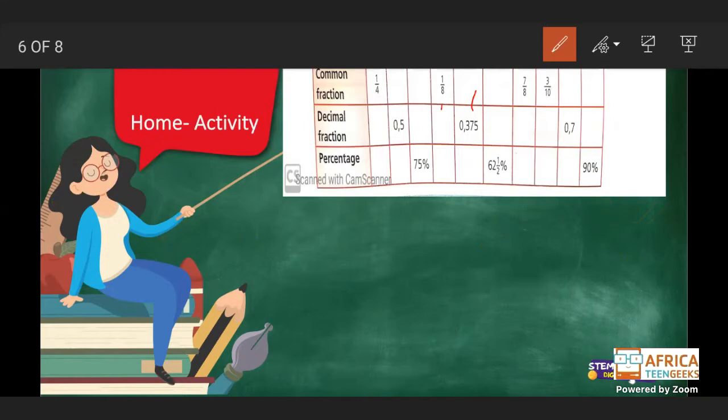And you'll also convert this common fraction right here to a decimal, and you convert this decimal fraction right here to a common fraction. You can also convert it to a percentage, but I didn't teach you that one. That is what we are going to do tomorrow. That's our next lesson: we're going to convert our decimal fractions to a percentage. So that's what we'll be doing tomorrow.